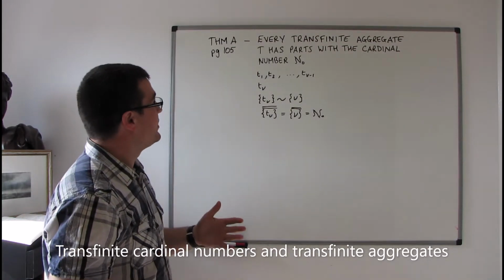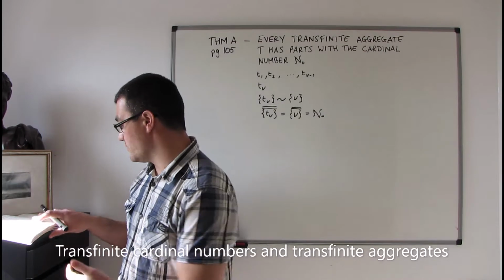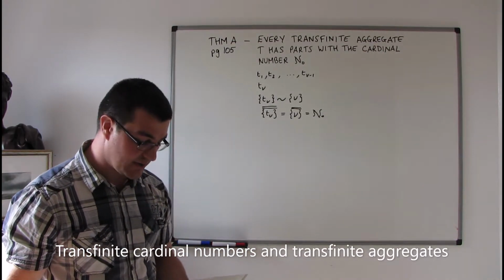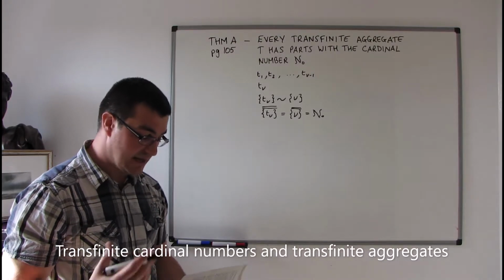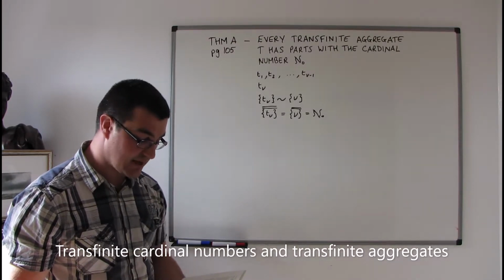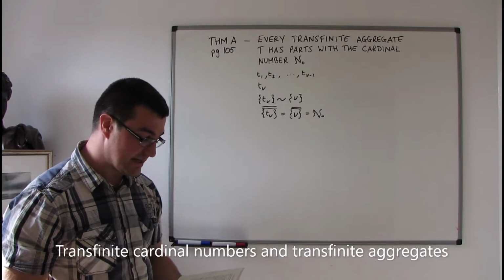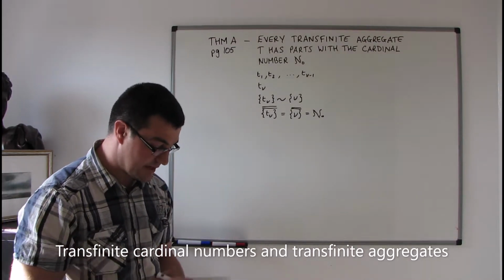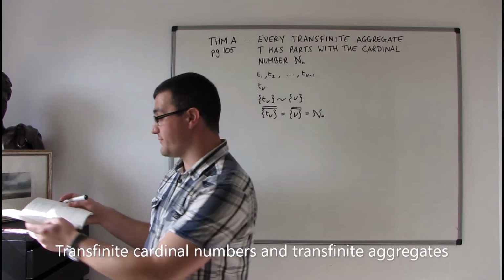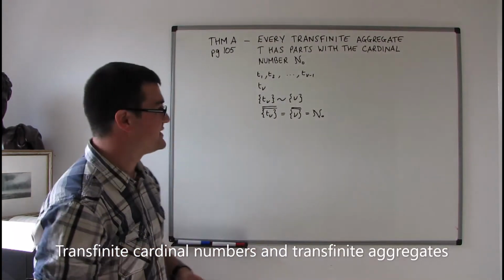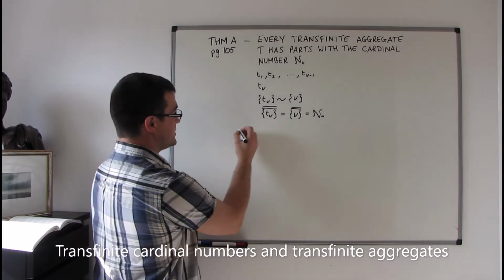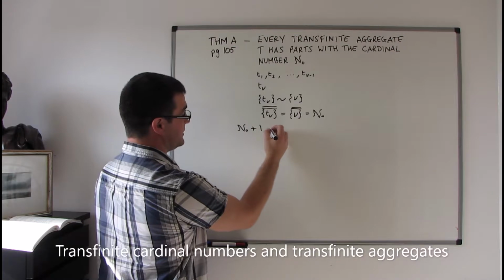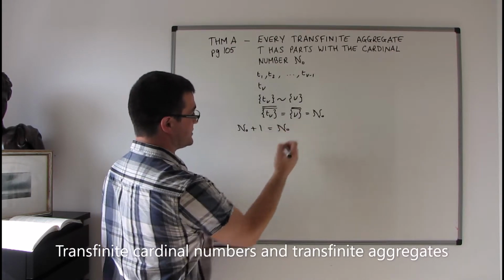Okay, so then we've got theorem B, which says that if S is a transfinite aggregate with the cardinal number Aleph naught, and S1 is any transfinite part of S, then the cardinal number of S1 is also Aleph naught. I'm not going to prove that. I just want to go through some of the properties now of this Aleph naught. We've already seen, for example, that Aleph naught plus 1 is equal to Aleph naught.